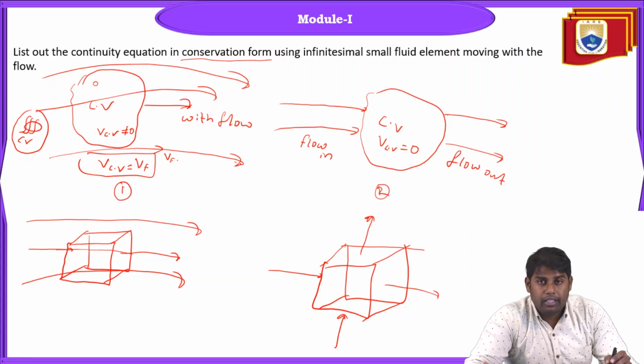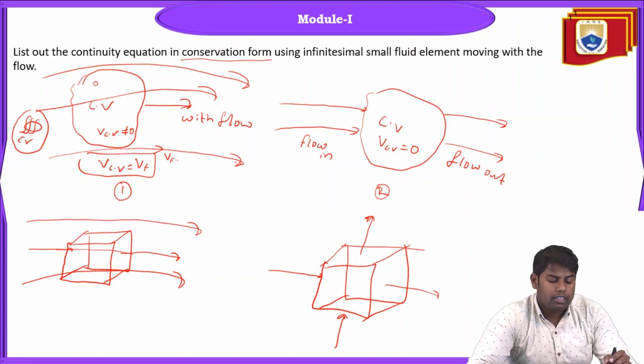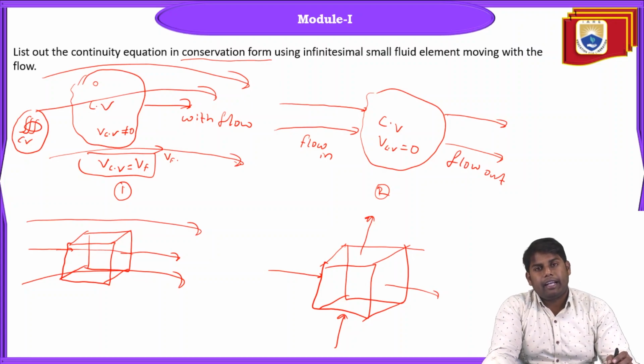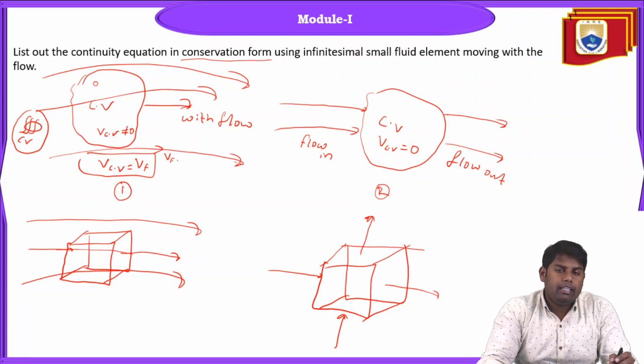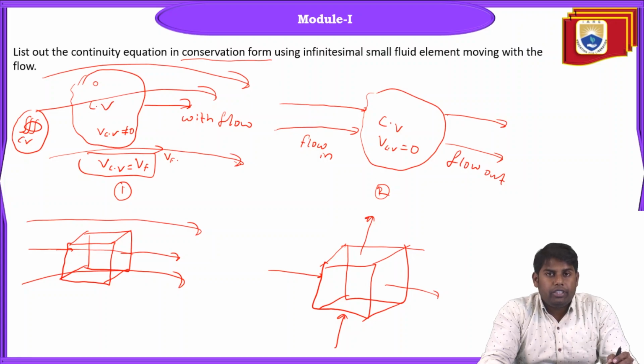The physics of the fluid does not change whether you use a control volume fixed in space or one moving with the flow. A realistic example is an aircraft. The aircraft has an engine, where the flow enters and leaves. The engine does not remain stationary; it moves as the aircraft flies from one place to another.